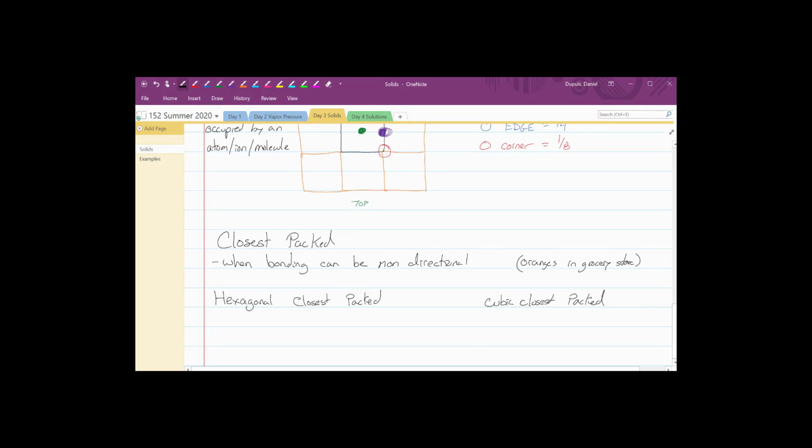We're not going to do hexagonal because that's a cylinder with a hexagon. But the A, B, A layers: layer A, layer B, layer A, where the third layer, so the third A, is directly below the first A.